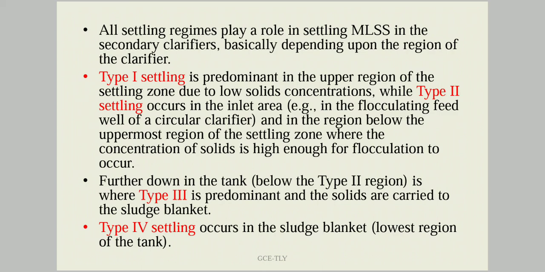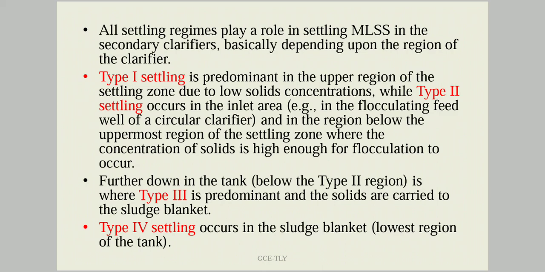Type 1 settling is predominant in the upper region of the settling zone since there is low solid concentration, and type 2 settling occurs in the inlet area, for example in the flocculating feed well of the circular clarifier, and in the region below the uppermost region of the settling zone where the concentration of solids is high enough for flocculation to occur.